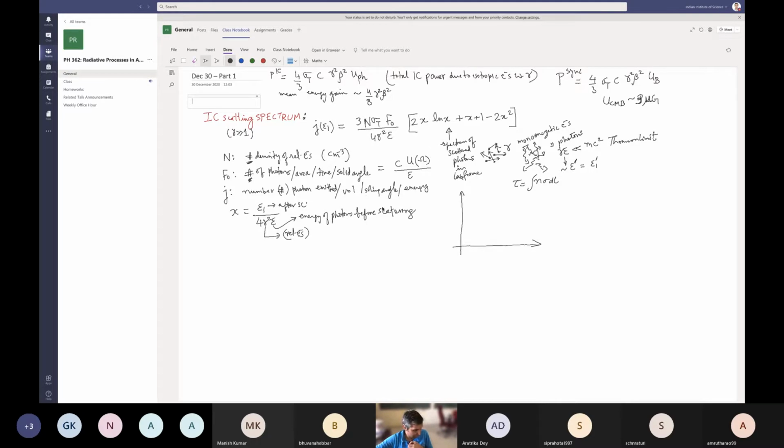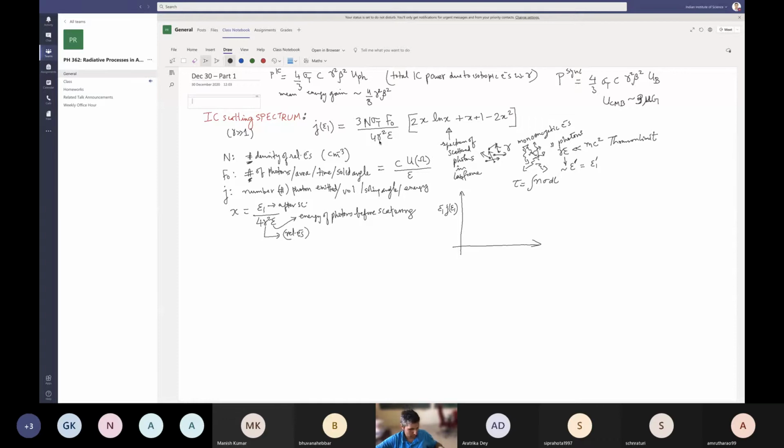We can actually plot, just a sec. So in terms of energy, this will be epsilon 1 j epsilon, right? Now this is number, this is the energy of photons emitted per unit volume per unit solid angle per unit energy, right?